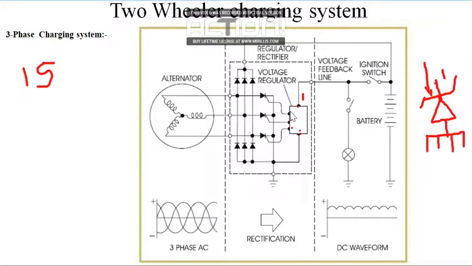It triggers the third leg of the SCR. So instead of the full current flowing this way, current also flows this way and gets earthed. Similarly, current flows through the Zener diode to earth, and the same way through the battery.